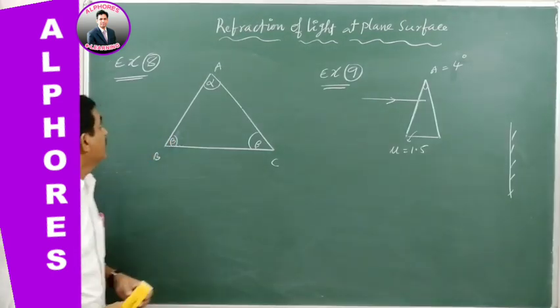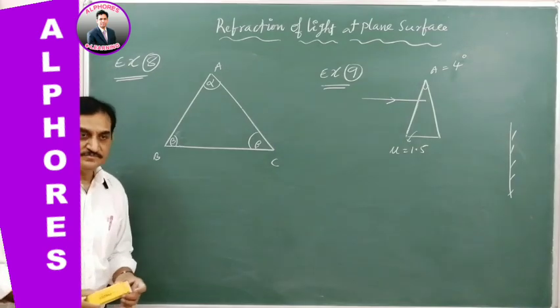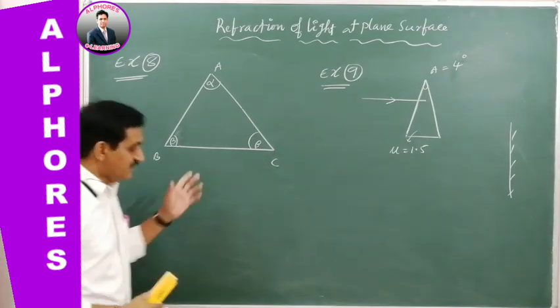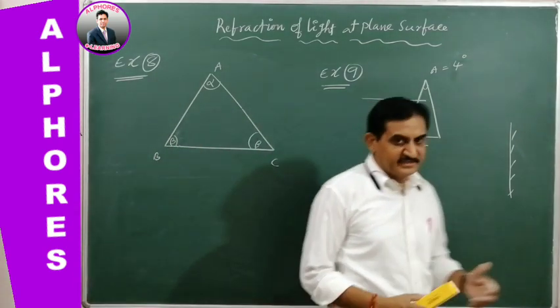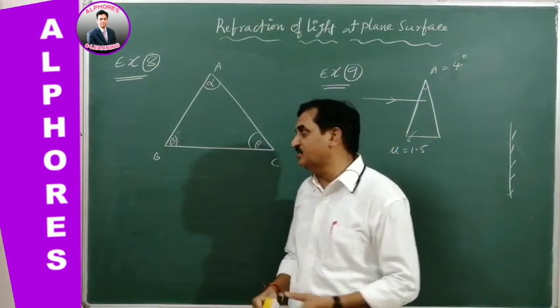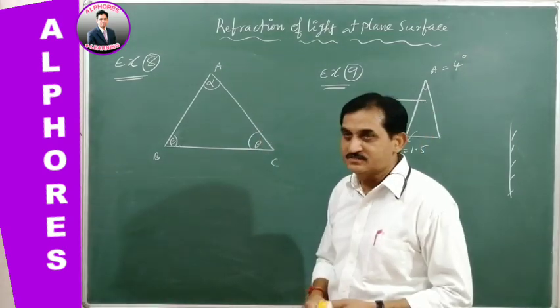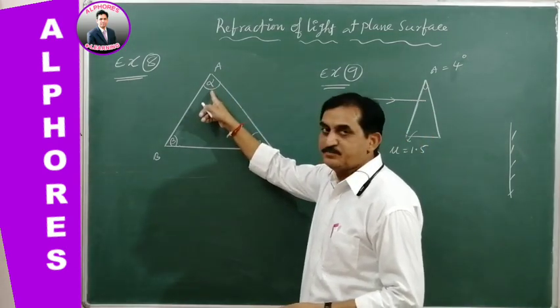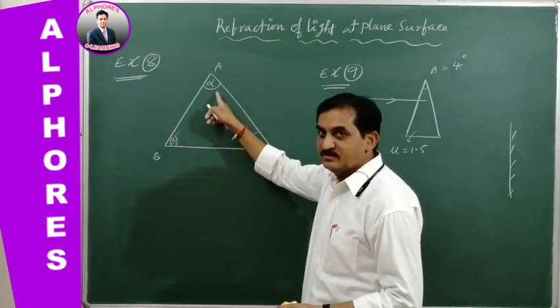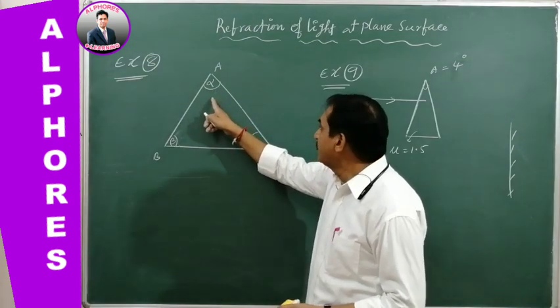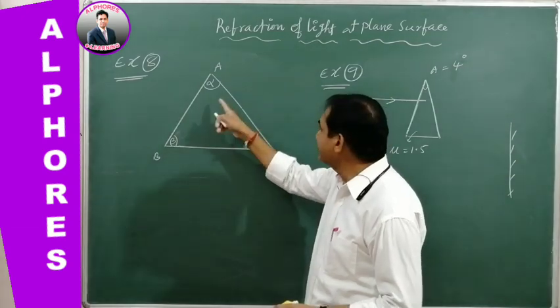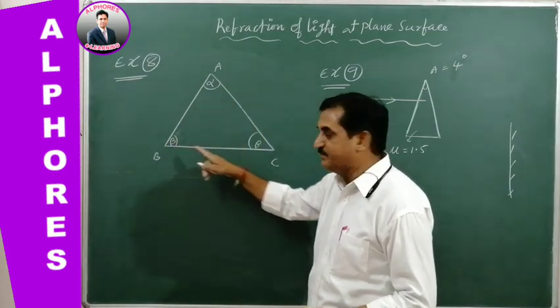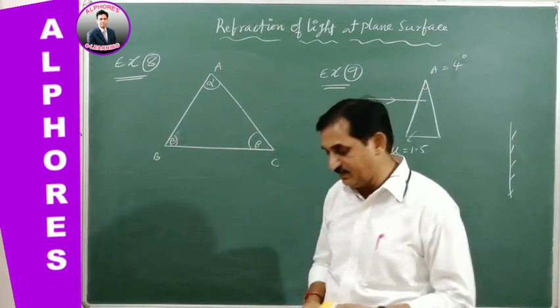Let us go for another example problem, that is the 8th one. There is a prism and its corresponding angles are clearly mentioned. The angle of prism, this is the apex angle, or the refracting angle, is alpha, and this is beta, and this is beta, mentioned clearly.